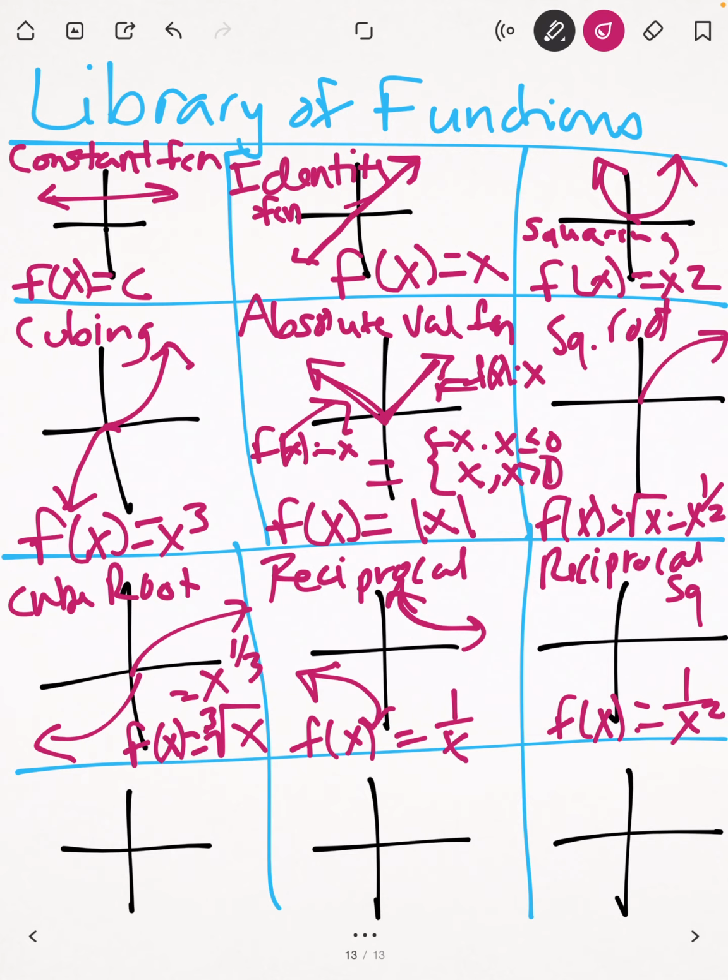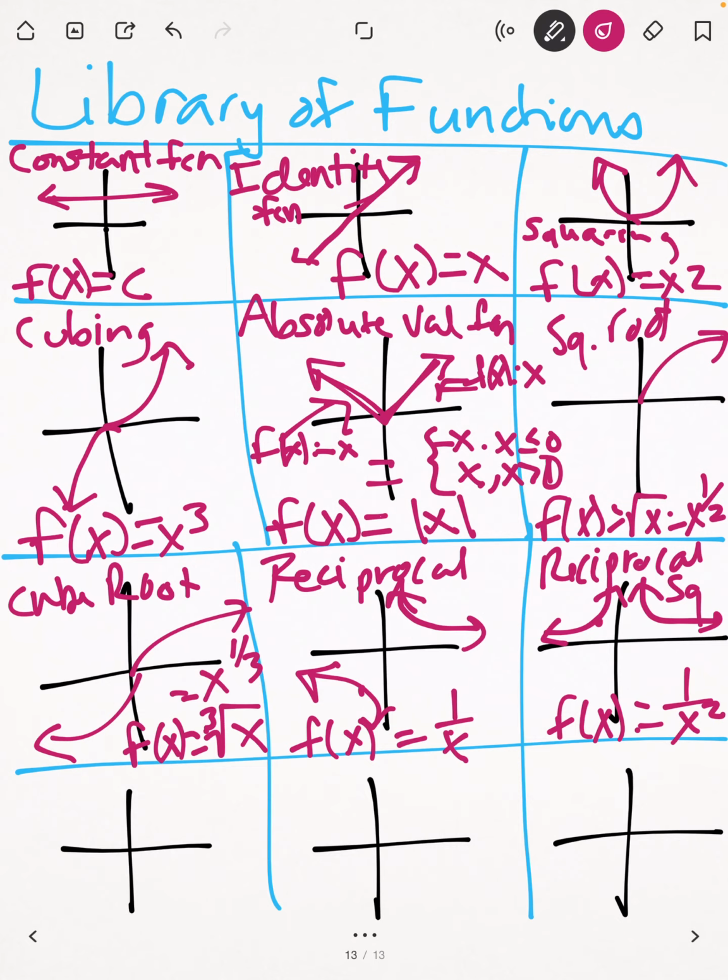Well, because whenever we square something, it's always positive. Our reciprocal square ends up looking like the reciprocal function, but both sides are above the axis. Because negative 1 now, instead of going to 1 over negative 1, which was negative 1, 1 over negative 1 squared takes us to 1, right? And so it's like our reciprocal function, but all of it is positive.